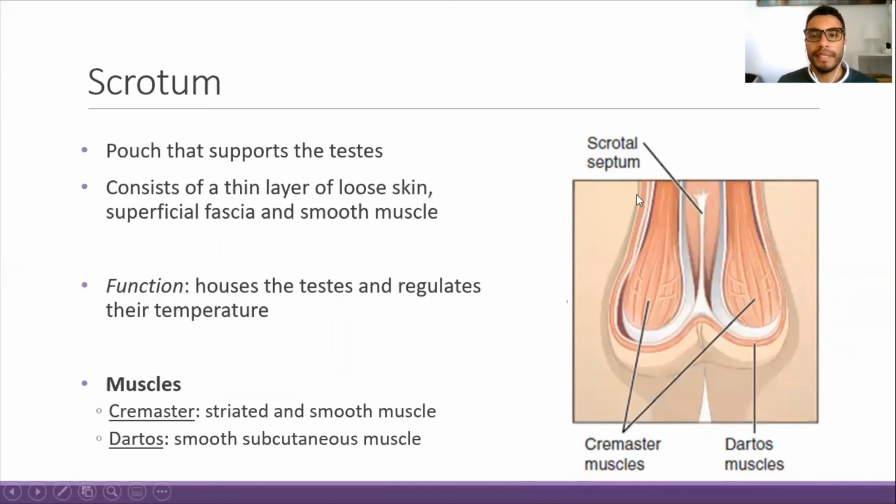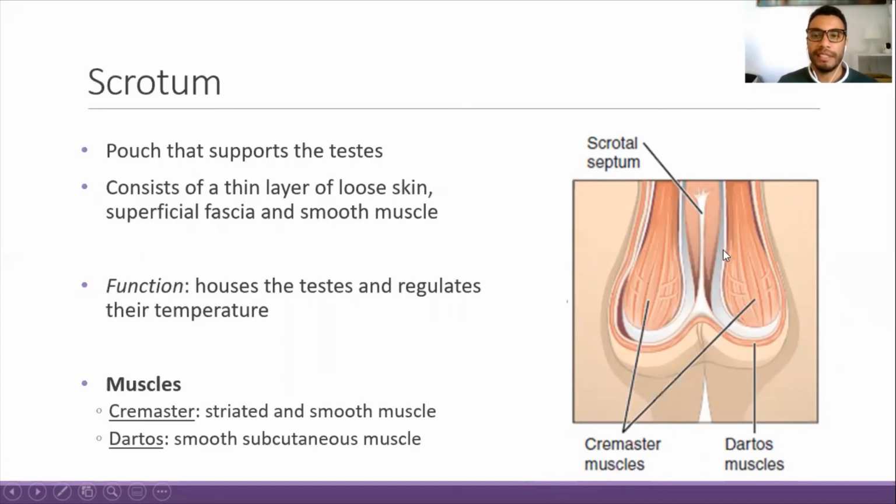The scrotum is this pouch, this bag here that consists of skin, basically. Okay, so this is a thin layer of loose skin, superficial fascia, and also smooth muscles. The main function is to house the testes, and it also helps in the regulation of temperature.